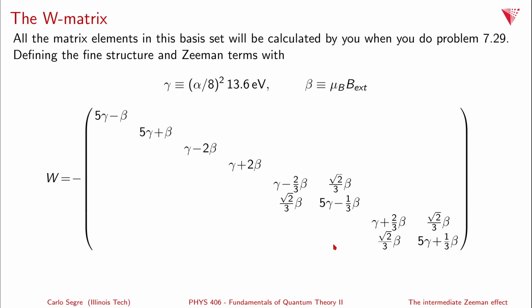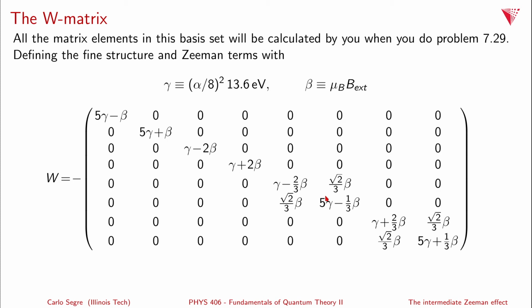And then we have the same terms, which are mixing terms between psi 7 and psi 8. Everything else is 0. And so, as we expected, because we're using the basis set that diagonalizes the fine structure, all the gammas appear on the diagonal only, and all the betas appear not only on the diagonal, but there are some off-diagonal terms. But this is a very sparse matrix.